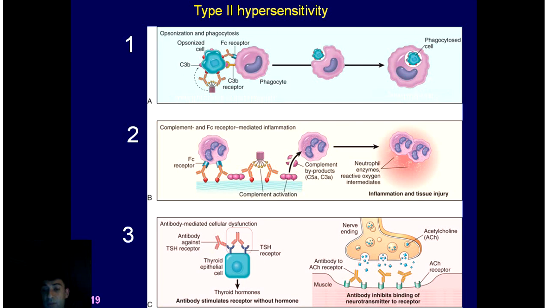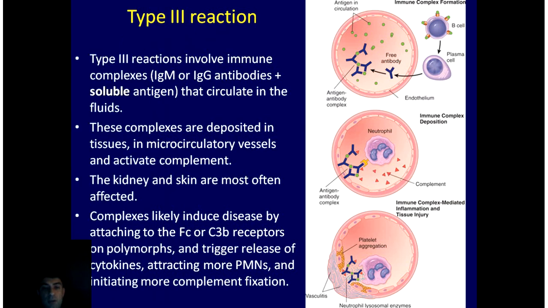Instead, they are just blocking it. And as a result, acetylcholine, when released, is not finding an appropriate amount of its receptor to activate the muscle, so that it is clinically manifested as muscle weakness, which is the hallmark of myasthenia gravis. So both these specific examples are within the type 2 hypersensitivity reactions.